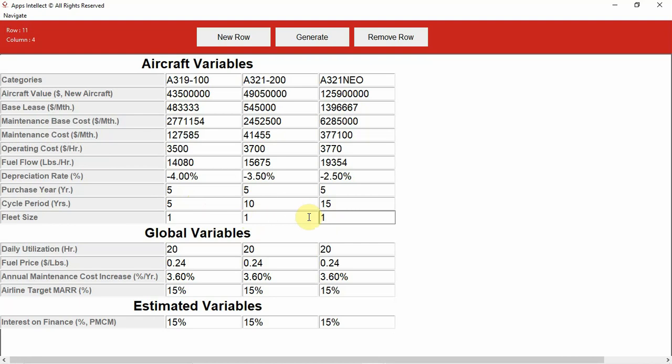The rest of the things like purchase years, cycle period, and operating performances are the same. We've taken 5, 10 and 15 for an A320 Neo, and the annual increase, daily utilization, fuel price, depreciation rate, fuel flow and maintenance costs have all been input.